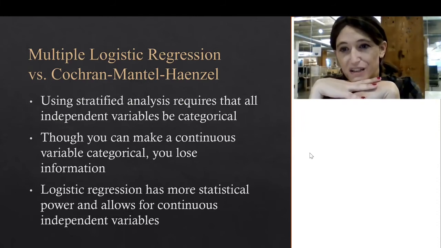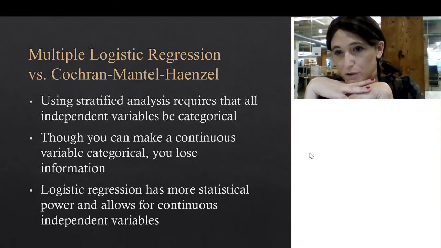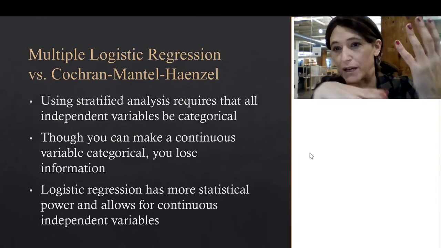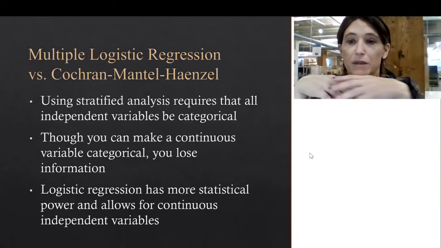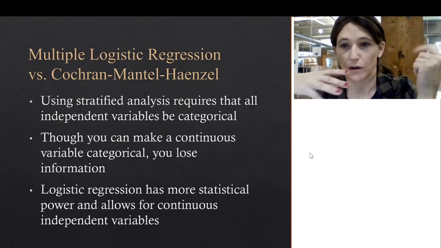The limitation there is that we can only include stratifying variables. And it could be multiple categories. It doesn't have to be 2 by 2. It could be 2 by 2 by 3. But still, it would still be categorical in nature.